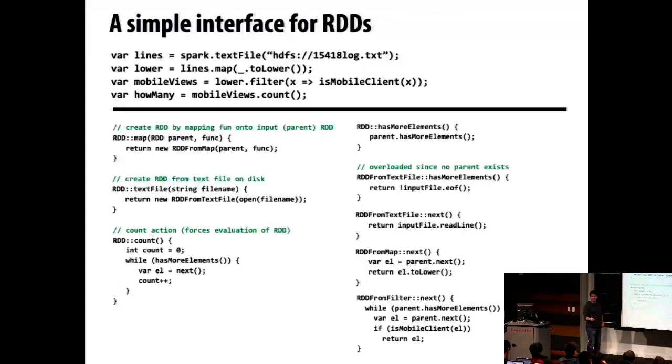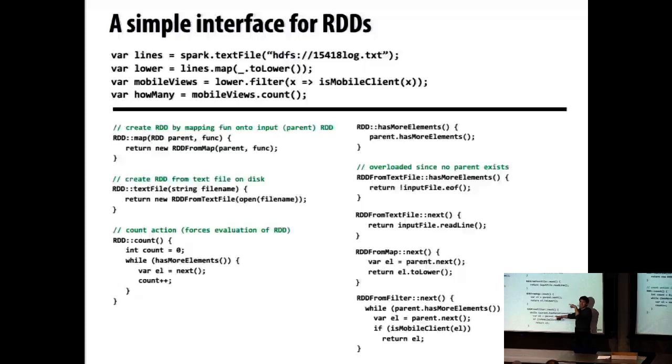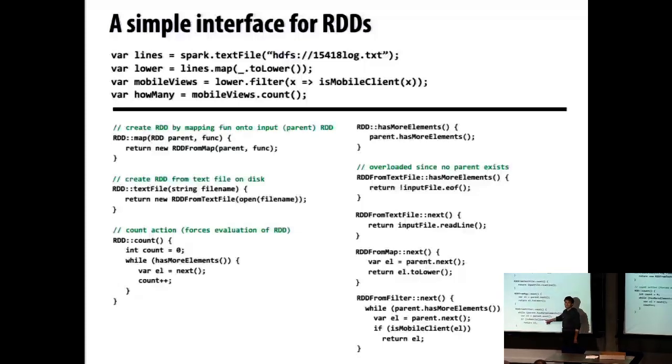So you can imagine that if I just started with this top level code and I had a collection of these RDDs, if I wanted to implement count, I would take the last RDD, which would be mobile views. If I wanted to count the number of elements in it, I could say while it has more elements, count plus plus. Next would call mobileViews.next. MobileViews.next would come from the filter, which would call next on its upstream thing until it produced an output.